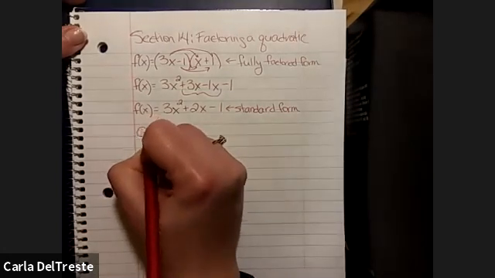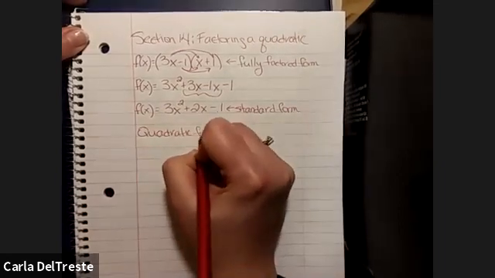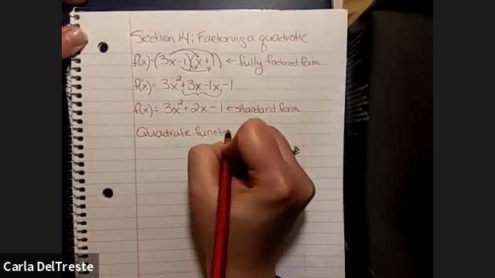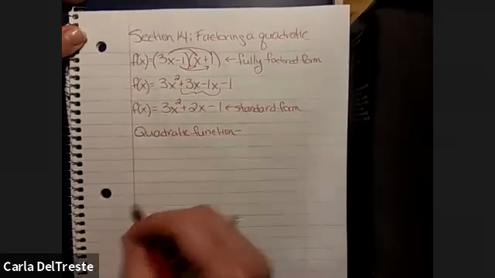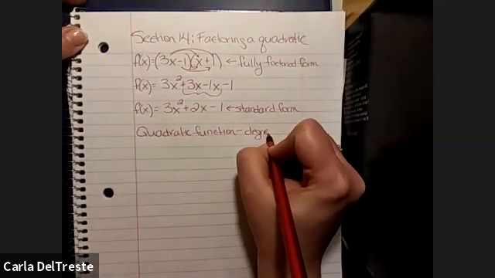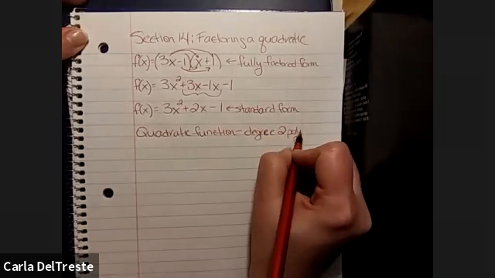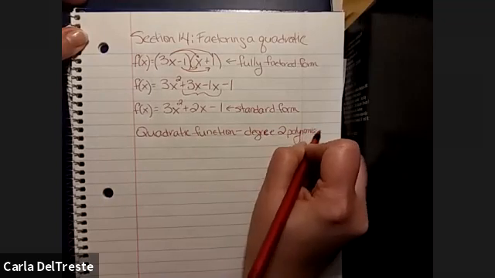We keep talking about this word quadratic. So let's define it here. A quadratic function, the definition is that it is a degree 2 polynomial. So we know what that means.